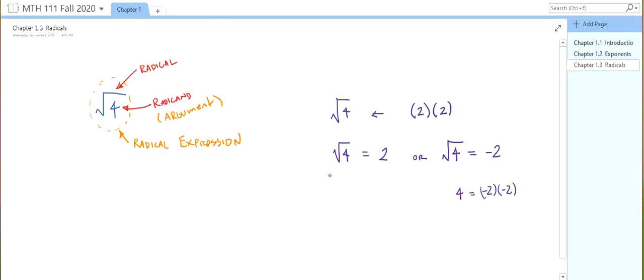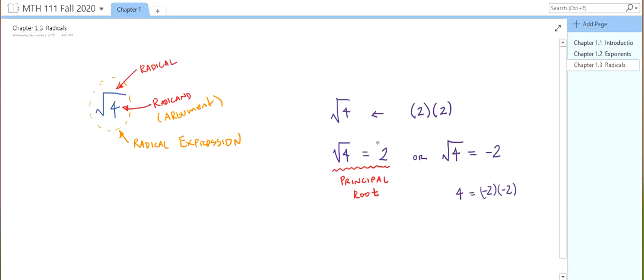But, and this is often the case with science, the positive version we call the principal root. And sometimes your software is designed only to deliver the principal root.